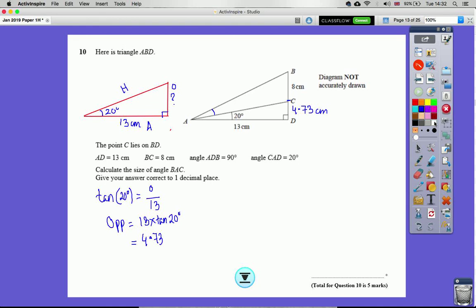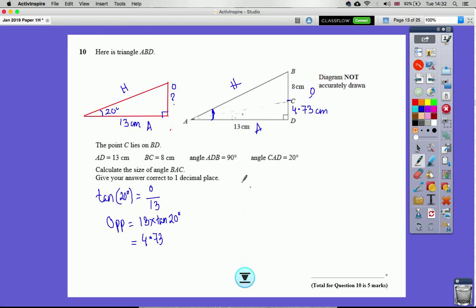Now I'm going to consider the whole triangle. Let's work out this angle. So we have got the hypotenuse, the adjacent, and the opposite.